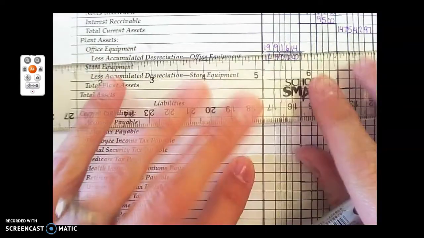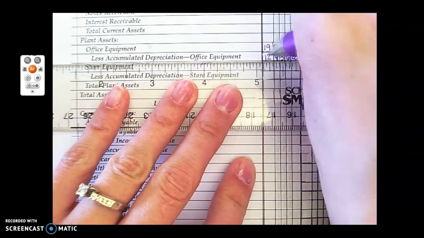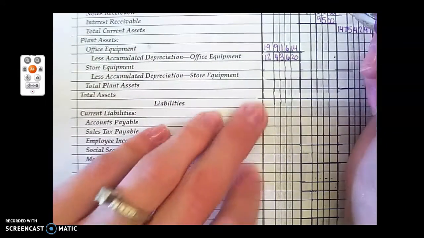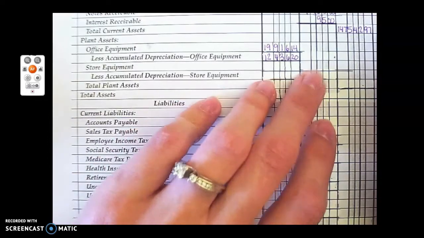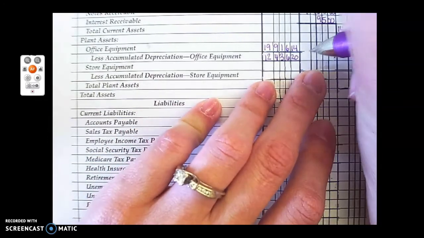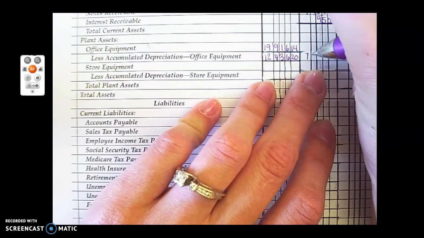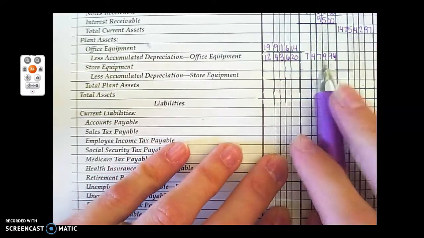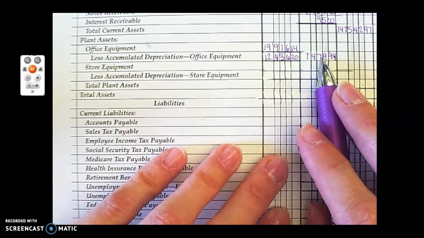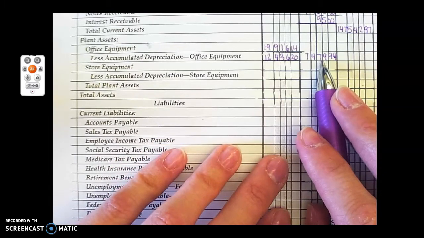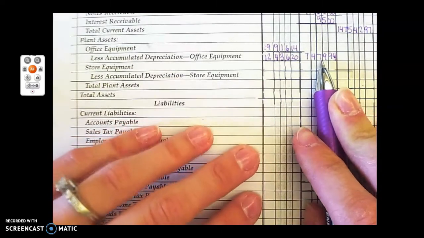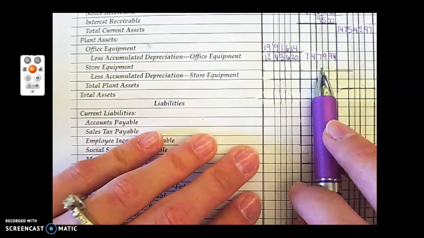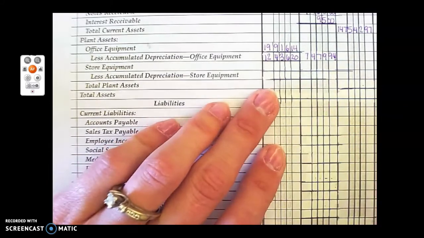We will then subtract these two to calculate the book value, what it is actually worth for our office equipment. It wasn't very thick, but hopefully you saw me and you knew that there's a single line there. So our book value is $7,479.94. We need to make sure we record our accurate number on our assets for our balance sheet, otherwise that is not good. That is actually illegal if we were to not record our depreciation and just say, oh yeah, we have assets of 19,000 some. Really, they're only worth 7,000 some. So we got to make sure we're reporting accurate information.